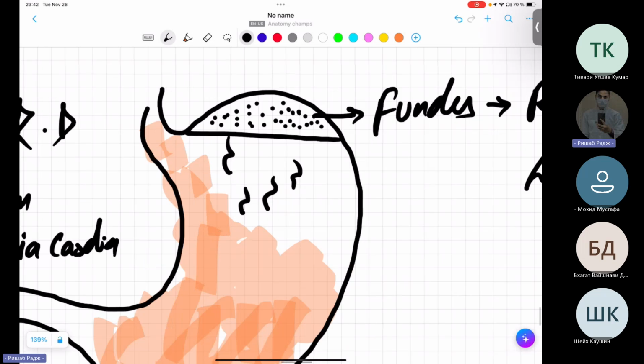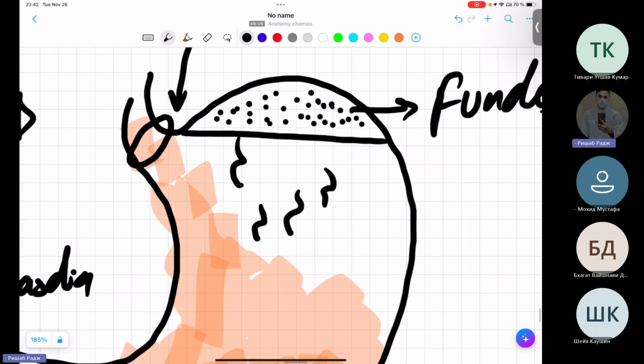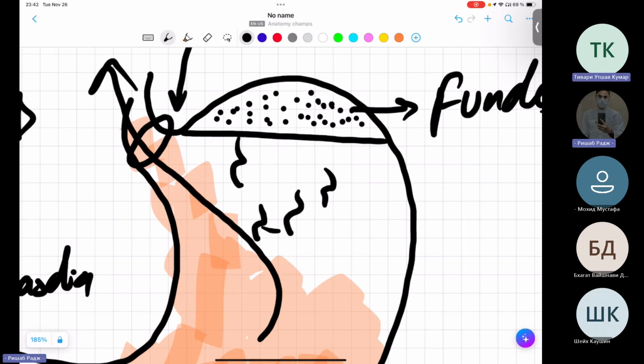If the expansion of the fundus and this cardiac opening is not well regulated, and the notch that you see here, this is known as the cardiac notch. If this notch is not so prominent, then this opening will not be closed properly. So if something is not closed properly, what will happen? Gastric contents will backflow above. And if it goes above, you will feel the sensation of burning.